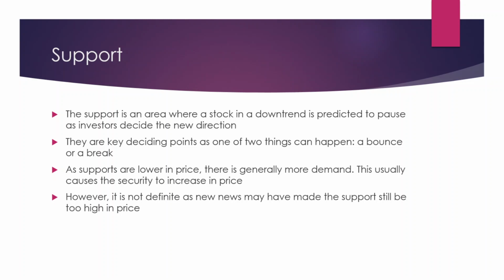So as it's coming down in price, it'll bounce off this line and curve back upwards to go back to an uptrend and start gaining price, becoming more expensive. Or for support, it can break it and it can violate that support line.